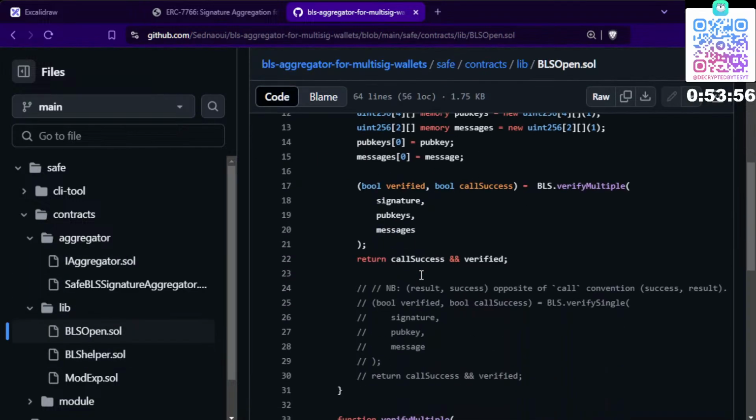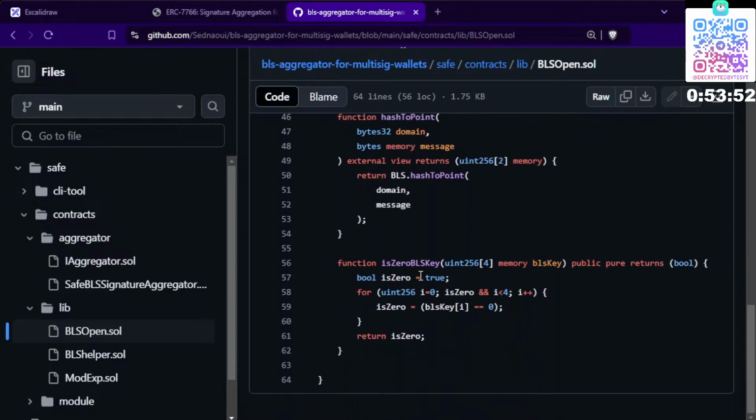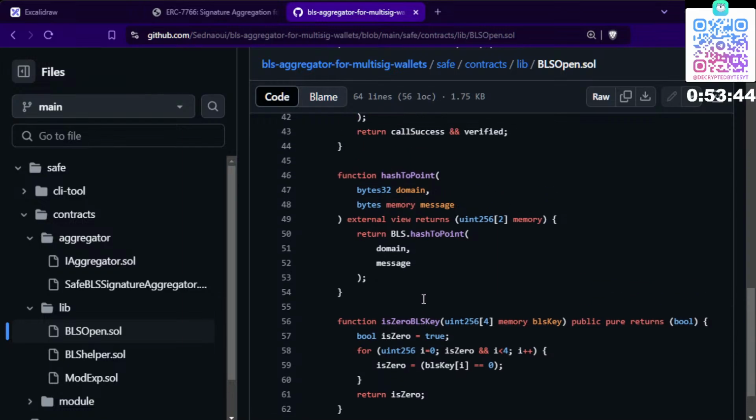BLS open verify, single verify, multiple, hash to point, is BLS key. What is this message?